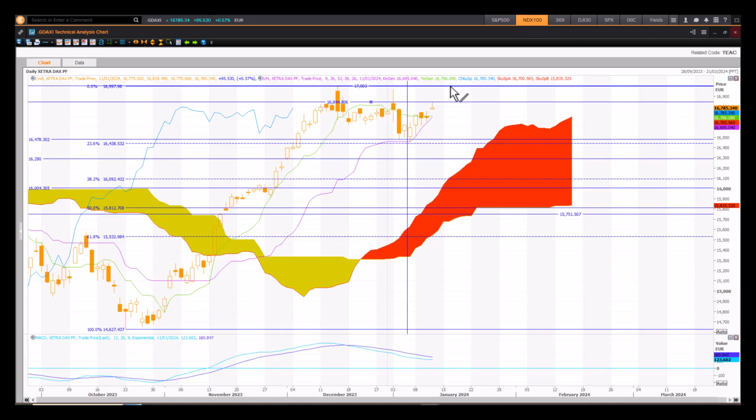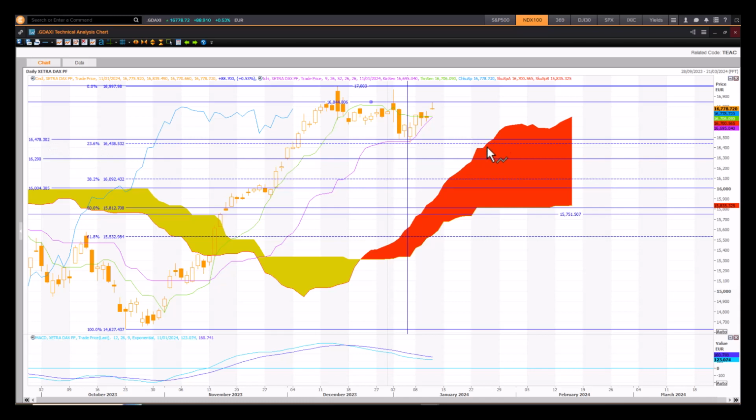So these are the upside resistance targets, and the downside support is the standard line and the turning line around about there. If that support fails, we could dip back down to the top end of the cloud here at 16,700 for support, or if this resistance holds at this level, we could come back down pretty quickly and test this range between this 16,400 and the top end of this old Fibonacci retracement of 16,478 and 438.